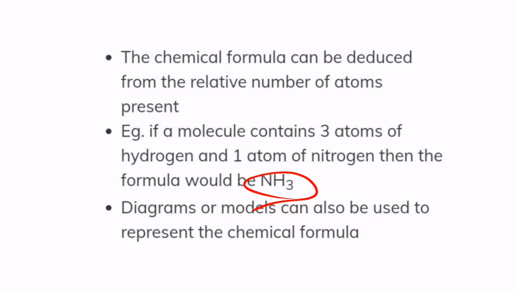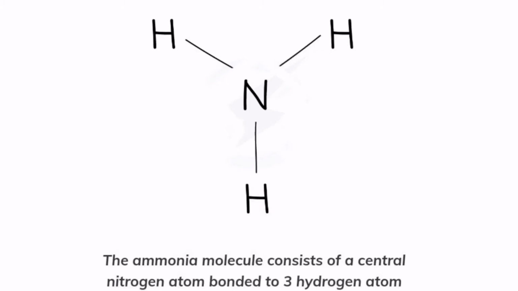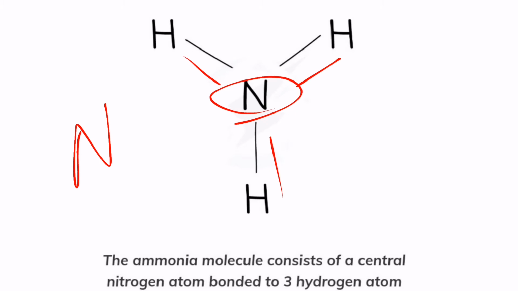Diagrams or models can also be used to represent the chemical formula. So we have nitrogen combining with hydrogen, hydrogen, and hydrogen. At the end of the day, we have nitrogen and three hydrogens. Yes, there are three atoms of hydrogen.